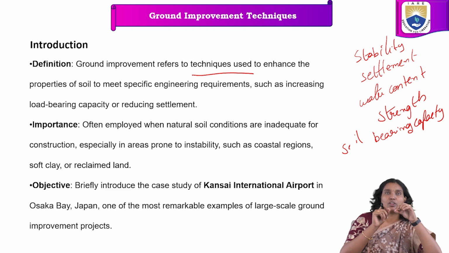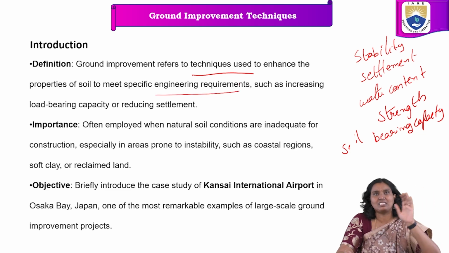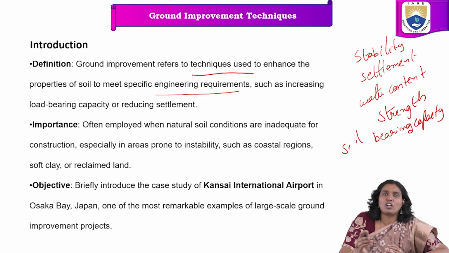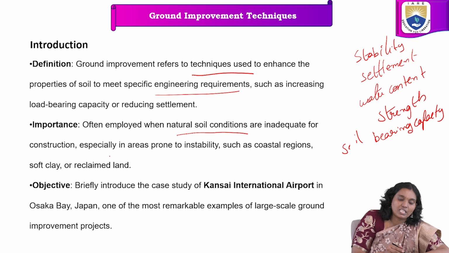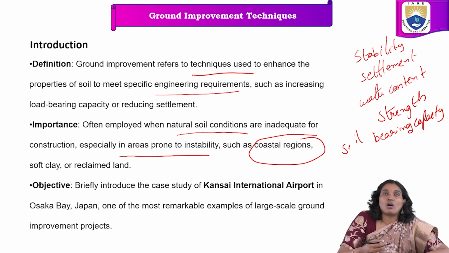According to that, we enhance all these specific engineering requirements, such as load bearing capacity and reduced settlements. These techniques are often employed when natural soil conditions are inadequate for construction, especially in areas prone to instability, mostly in coastal regions, soft clay or reclaimed lands.